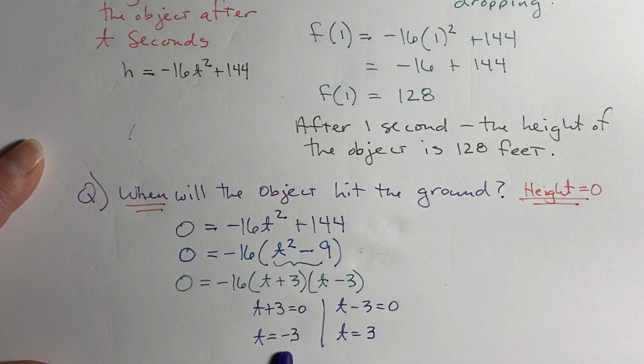Now the negative 3 does not make sense in this problem. We can't have negative 3 seconds. Remember, t is the time in seconds after we drop the object off of the building. So we're just going to get rid of that one, and t equaling 3 is our only solution.